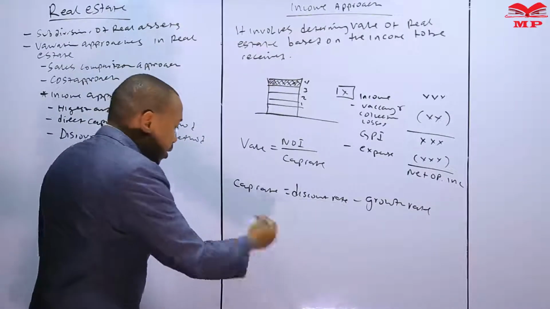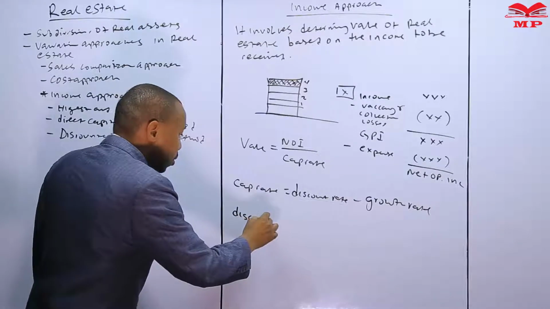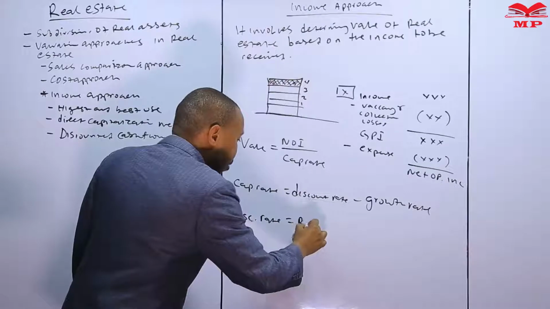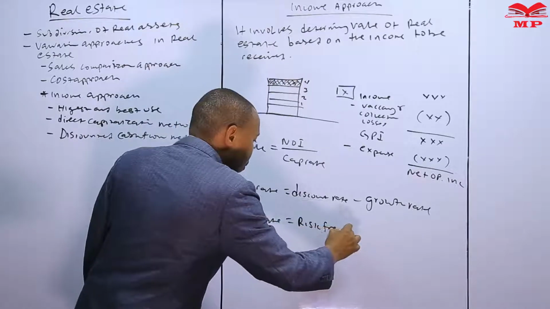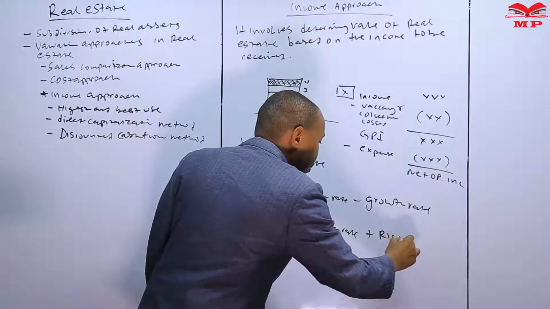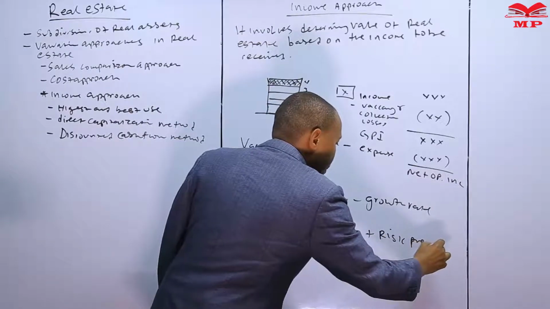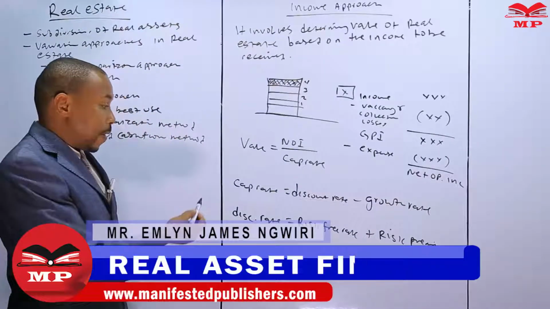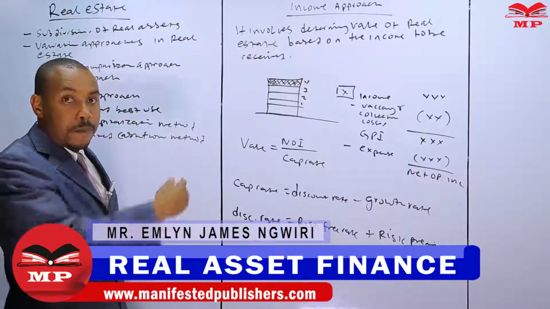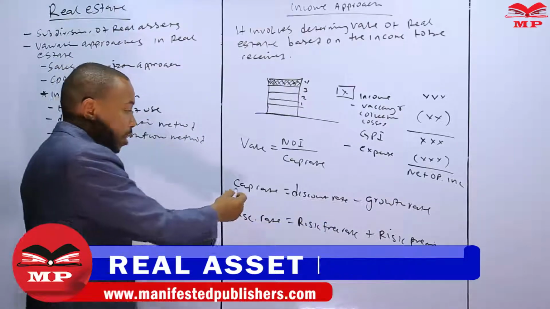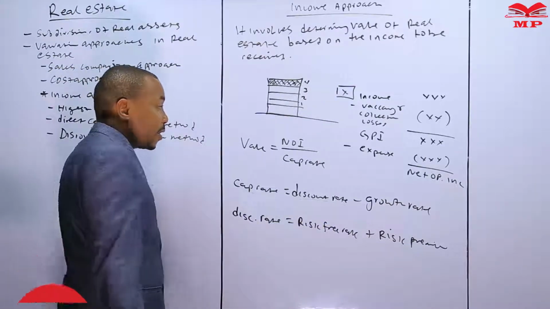To be more precise, the discount rate is the risk-free rate plus risk premium. This is the rate of return that is used to discount the expected future cash flows to today's value. That is the difference between the cap rate and the discount rate.